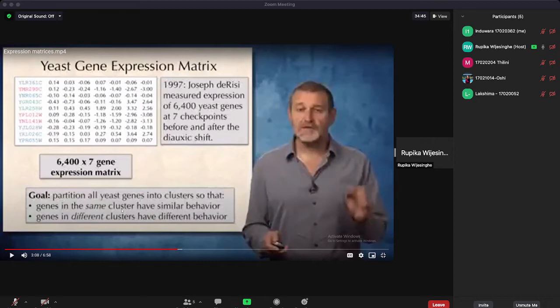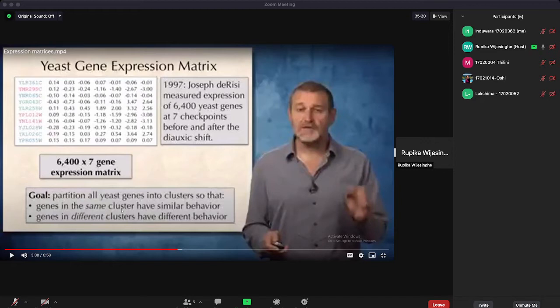If we have clustered correctly, within the cluster you have genes that are very similar in behavior, but if you take one gene from each of two clusters, they will be different.